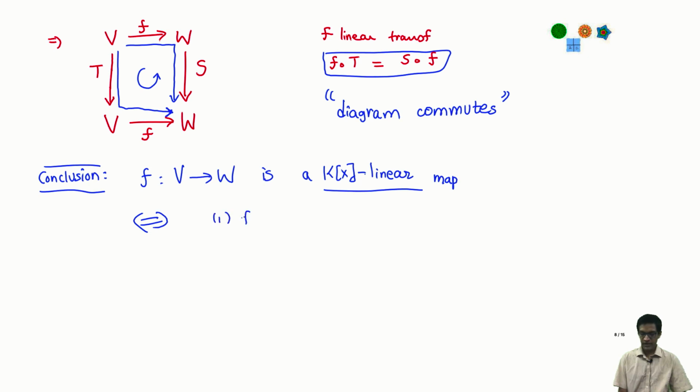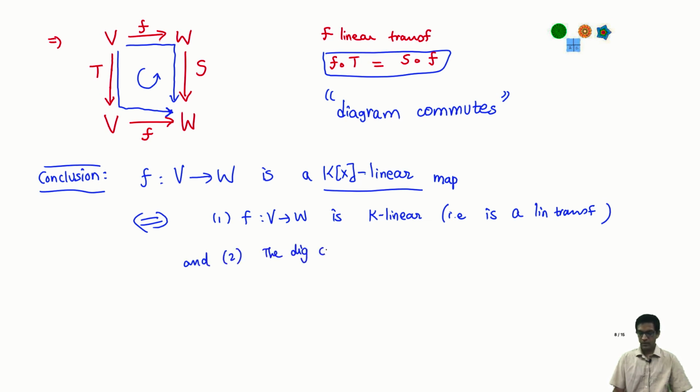Number one, F from V to W is K linear; in other words, it is a linear transformation of these vector spaces. And property two, it makes the diagram commute. What diagram? The one that I just drew: V to W, V to W, with F, T, S. This diagram commutes.